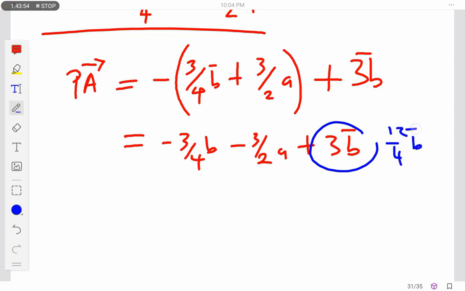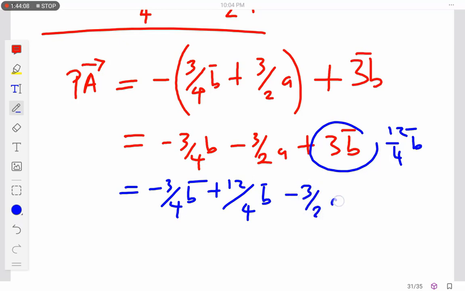So I'll have minus 3 over 4b plus 12 over 4b, then plus minus 3 over 2a here. So this is going to give me minus 3 plus 12, that is 9 over 4b, then I have a plus 3 over 2a like that.